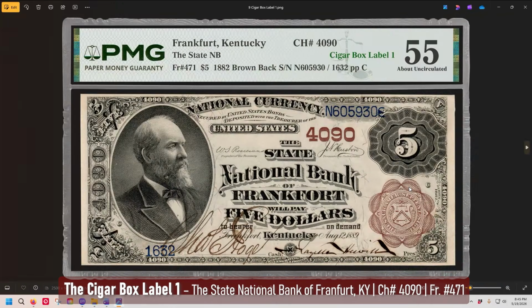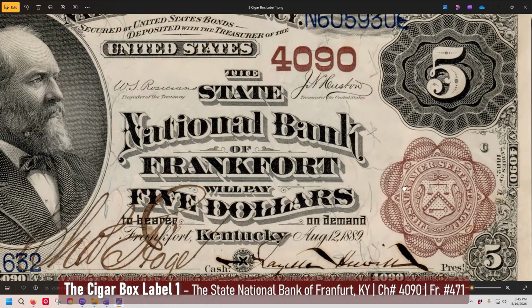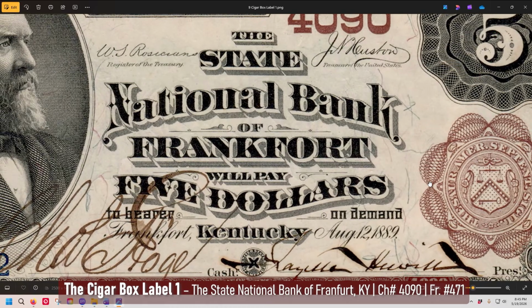Yes. Okay, we're at the cigar box, another fun one that I had heard of. Again, this one always stands out, right? So it has this very dark, heavy font that stands out. And you see the "will pay" and $5 has that dip in it, right?